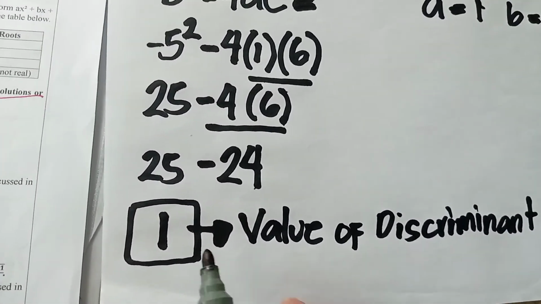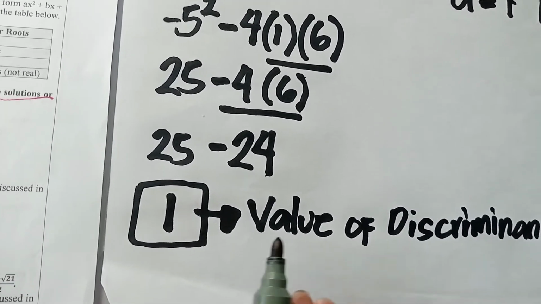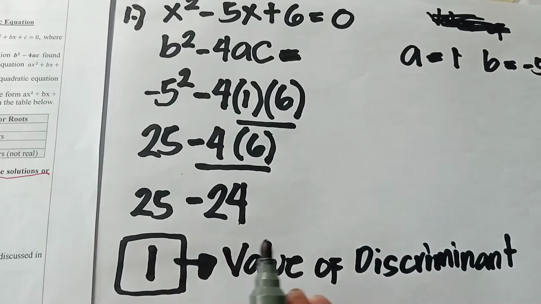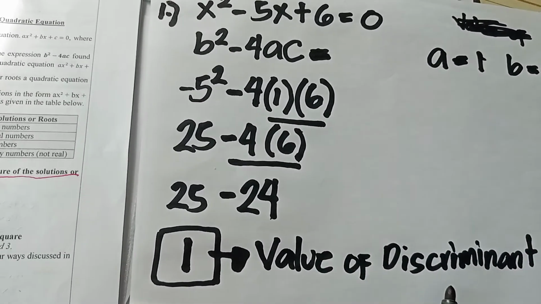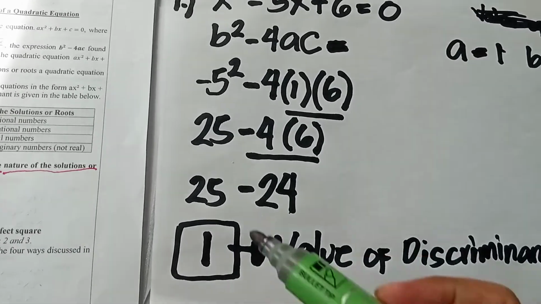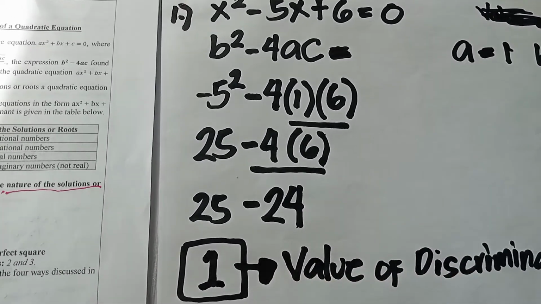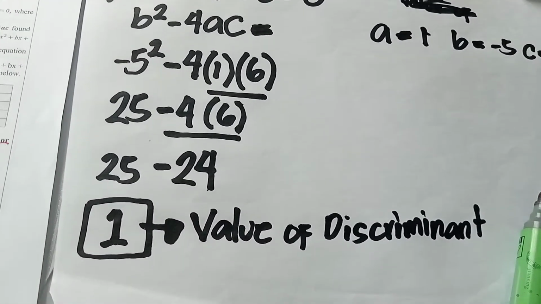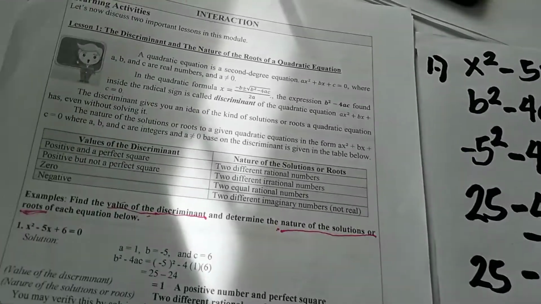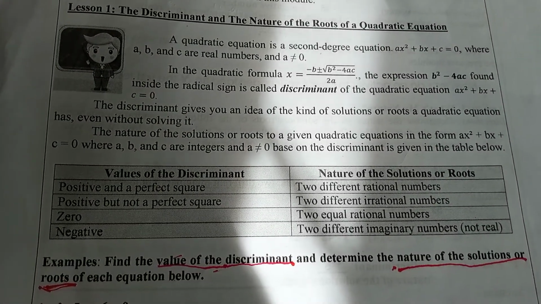Ang answer niya, gitawag nato na value of discriminant. Dayon, kaning value of discriminant, this is our value which is positive 1, di ba? Positive 1 man siya. So, ang value is positive 1. Values of the discriminant is positive 1.